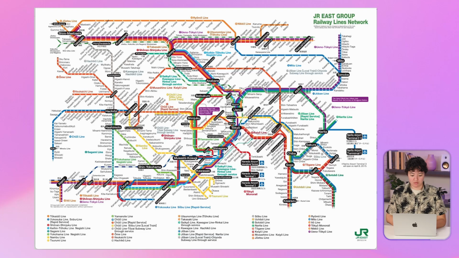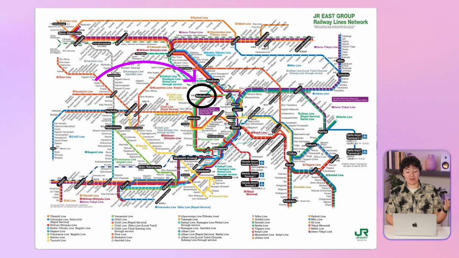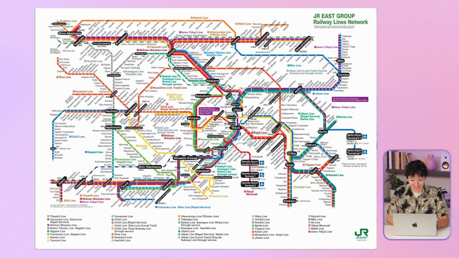Let's see if Bedrock can actually pull from an image like this one where a specific station is. Now, I can see here this is Ikebukuro in the middle of the map, but I can't really tell what line it's on, but let's see what Bedrock comes up with.